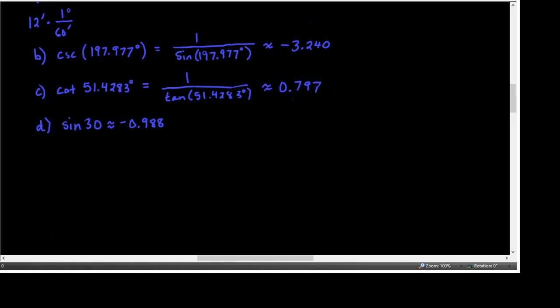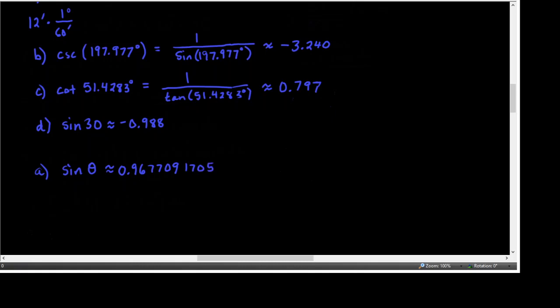Now, there are times that we want to reverse this process. Instead of finding the sine of a number and getting an answer, we're going to start with that answer and see if we can figure out what angle was involved. For example, if I had this equation, sine of some unknown angle theta is approximately 0.9677091705.